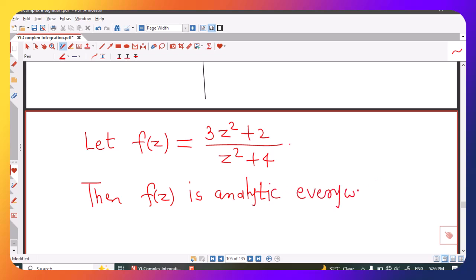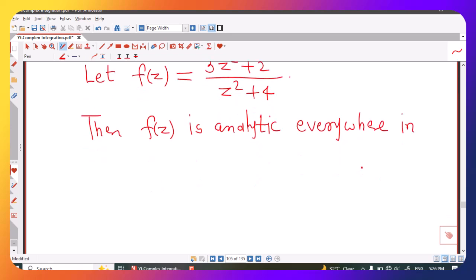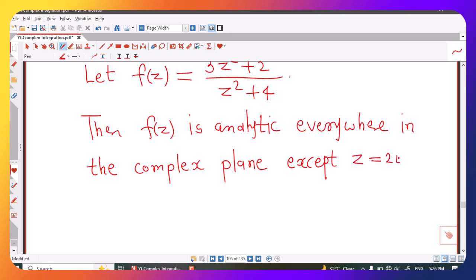Then f of z is analytic everywhere in the complex plane except z equal to 2i and z equal to minus 2i. But these 2 points are outside given circle, which are outside our contour.